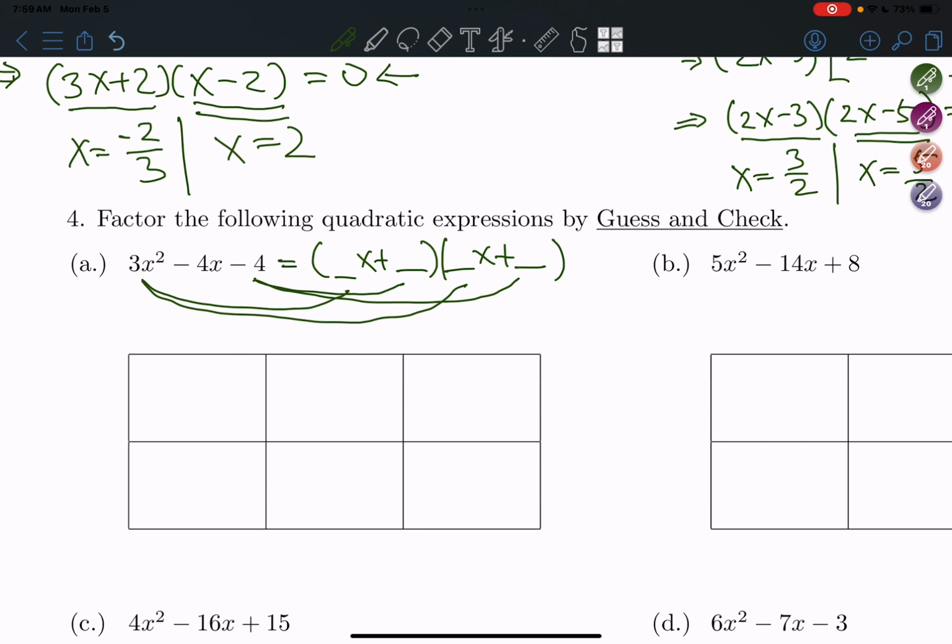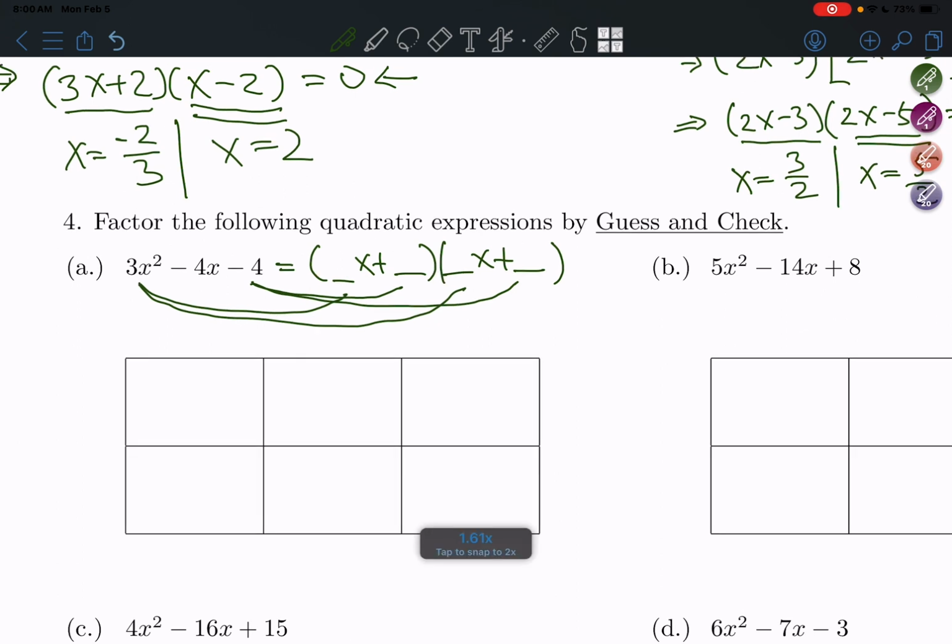So the way we're going to do this, just what the box is for, is we're going to guess these blanks. We're going to guess these blanks. So the first blank are numbers that go into these two boxes. That is the factors of 3x squared, the first term here.